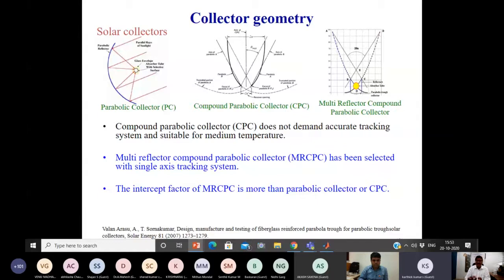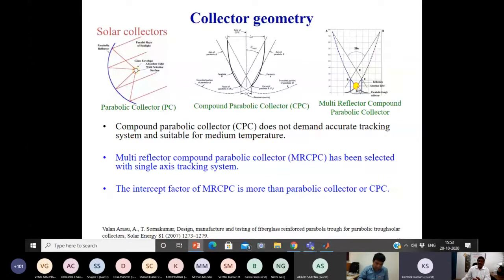In the compound parabolic collector, you can see in the last diagram where we are using this passive tracking system, 3 parabolas have been integrated together. The left hand side parabola is different, the right hand side is different, and at the bottom one more small parabola is there. These 3 parabolas are combined together to make the multi-reflector compound parabolic collector.